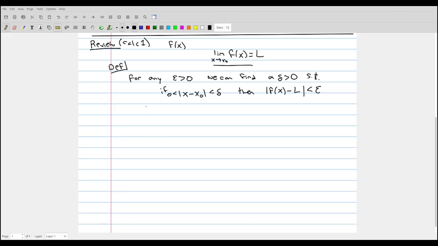Now, pictorially speaking, this has a very nice interpretation. What this means is that we have some value that we're calling L. I'll draw this in blue right here.